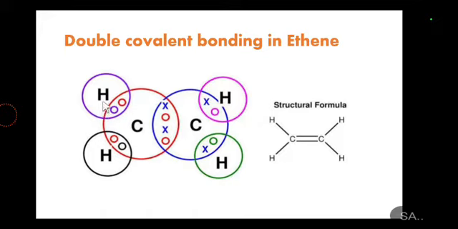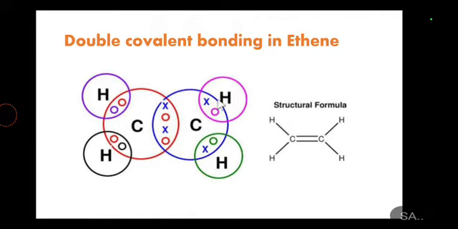Hydrogen needs one more electron, so they have just one electron here. This hydrogen atom is having one electron here. It will share the other electron from carbon, and this hydrogen will share the other electron of this carbon, and similarly it will go with these 2 hydrogen atoms too.